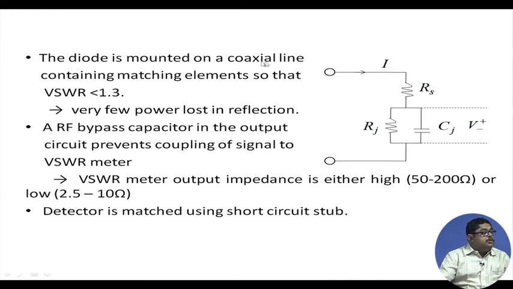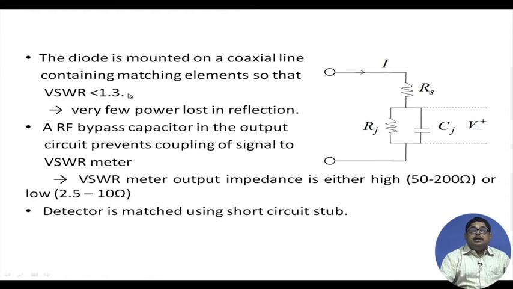The diode is mounted on a coaxial line containing matching elements, so that VSWR is kept at less than 1.3. You know, VSWR 1.3 means a very low reflection coefficient because of this matching. So, it is almost good.